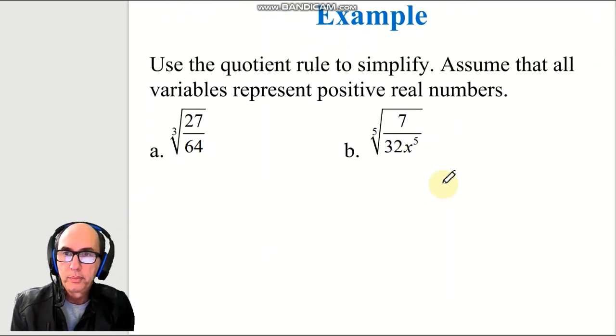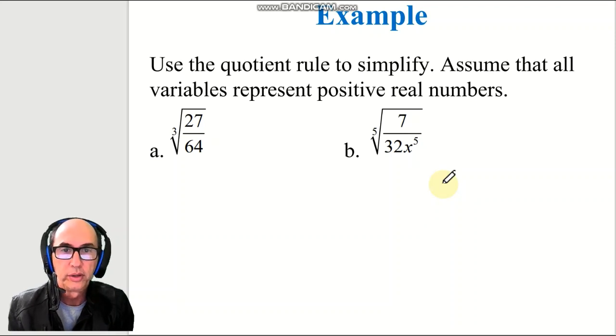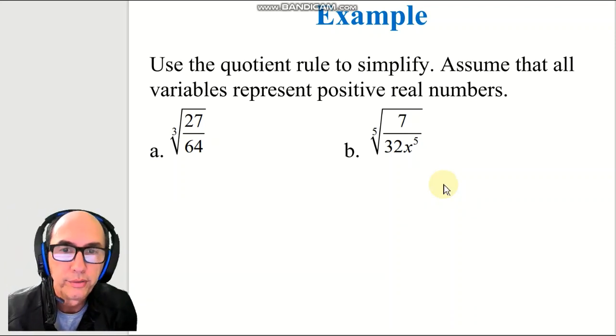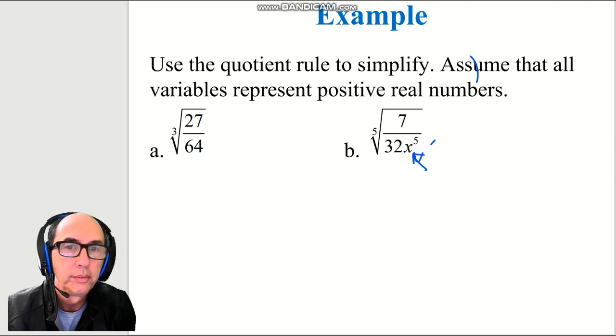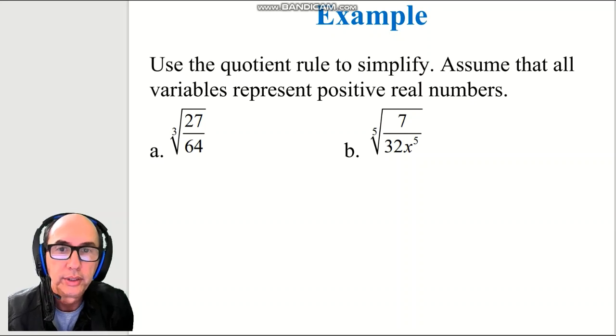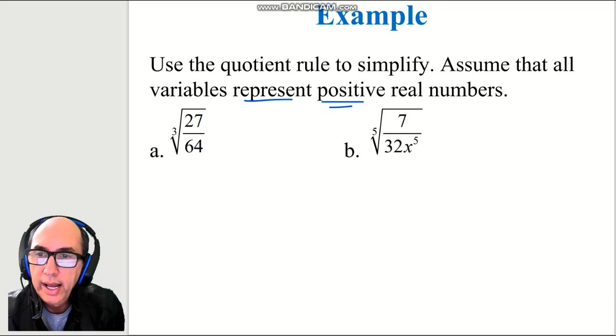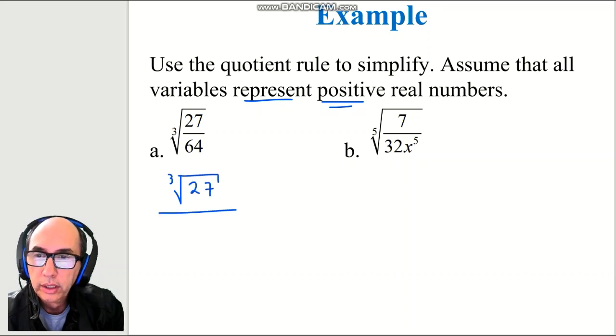Now the examples, we use this quotient rule to simplify. Assume that all variables represent positive real numbers. Okay, we're going to work with variables here. Look, we have some variables, and you don't need to worry about the sign. The question is saying these are positive real numbers. Okay, letter A. Let's use the quotient rule, break down. That's going to be equal to the cube root of 27 over the cube root of 64.